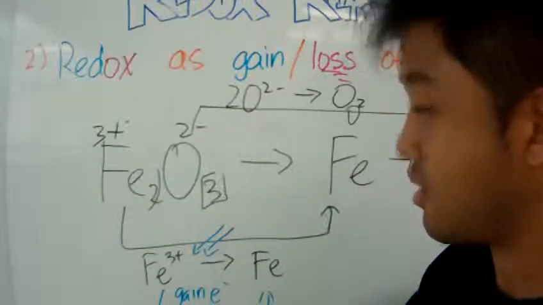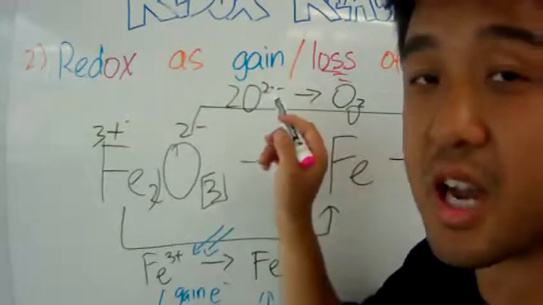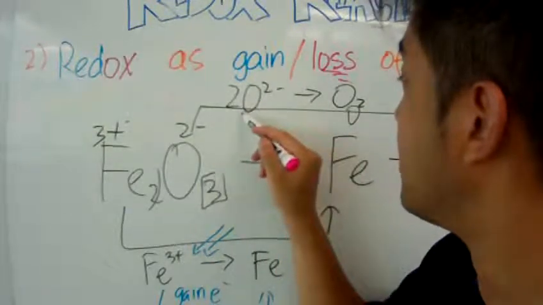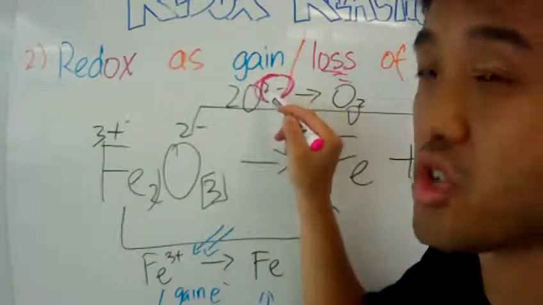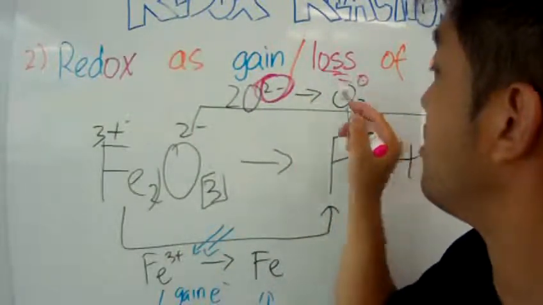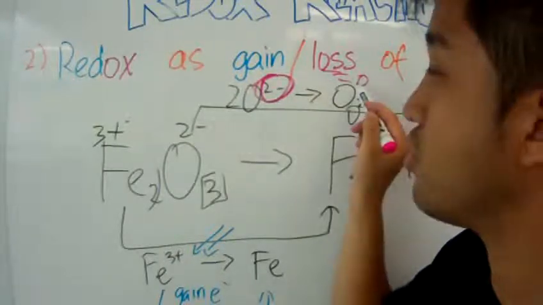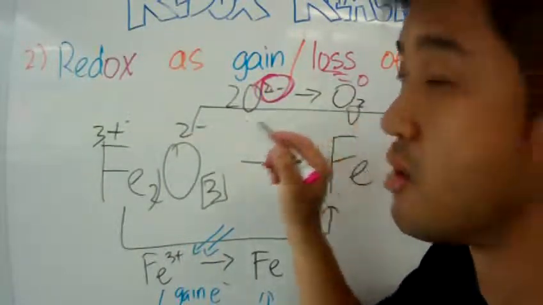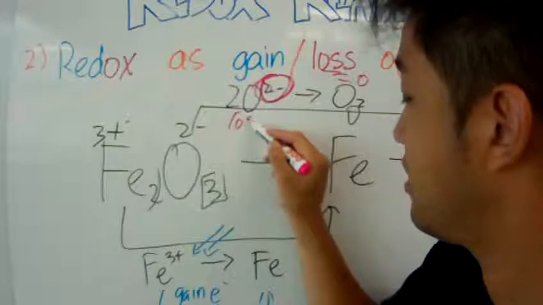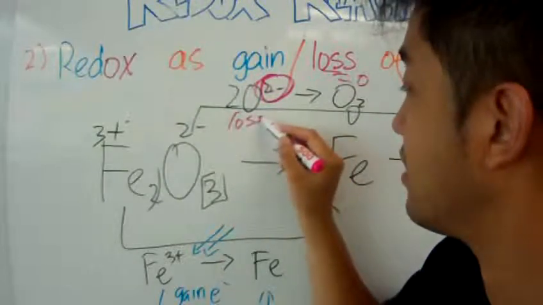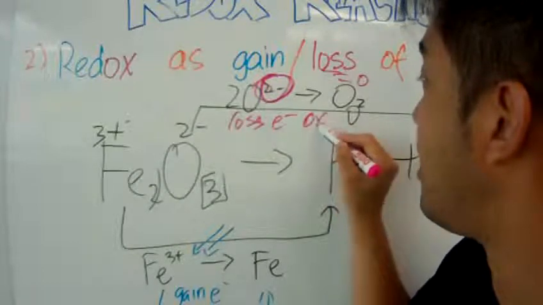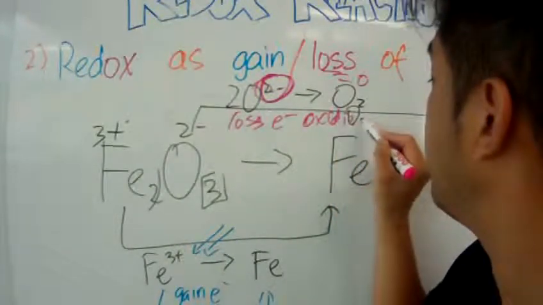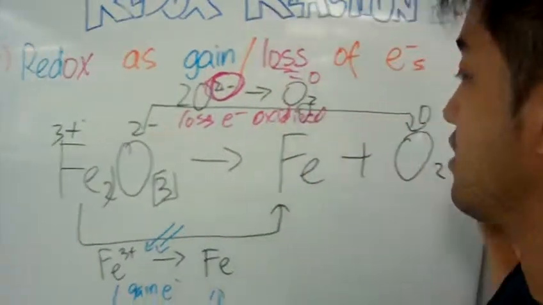On the other hand, this oxide has lost electrons, because it was at -2 charge, and now the charge is 0, so it went from -2 to 0, so it lost electrons. So it is said to have been oxidized. All right? So there you go.